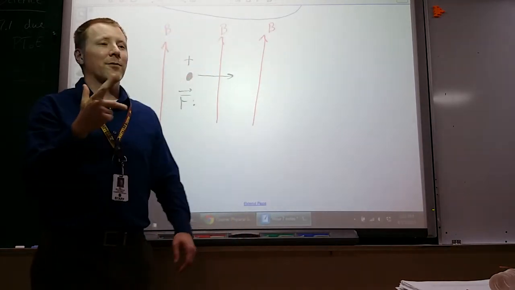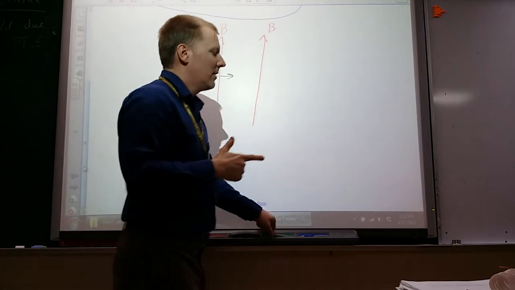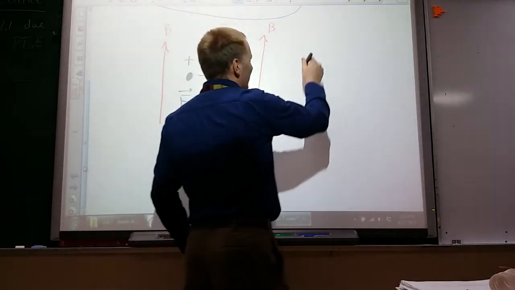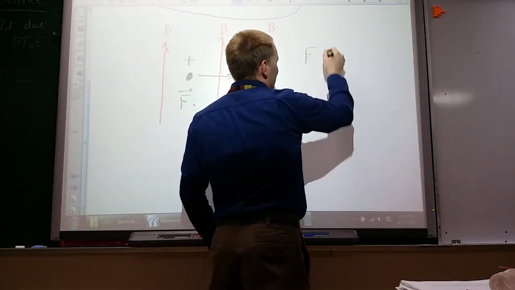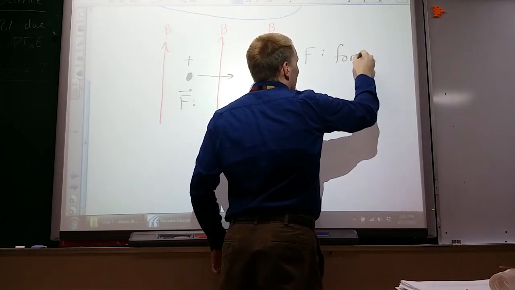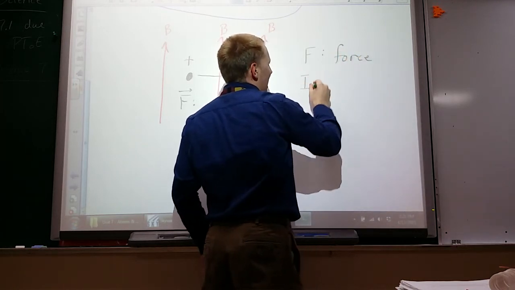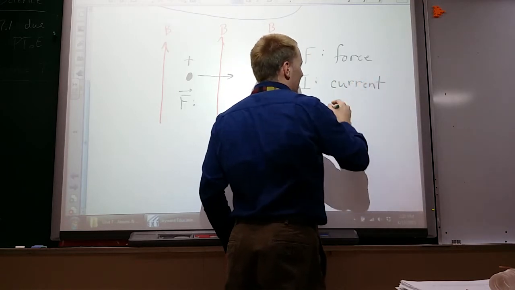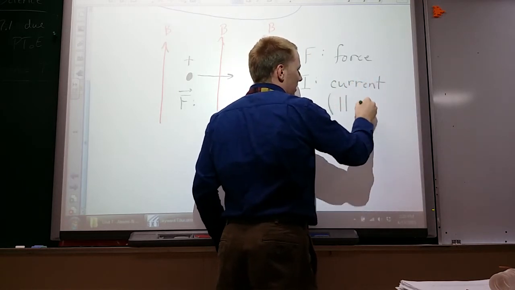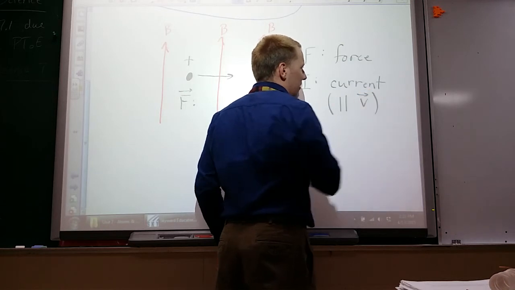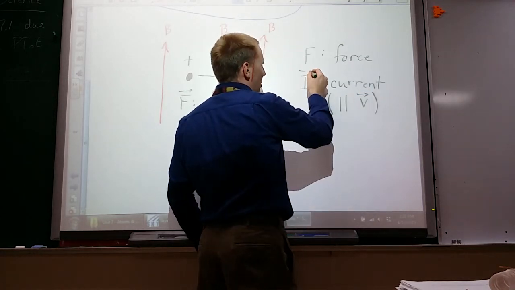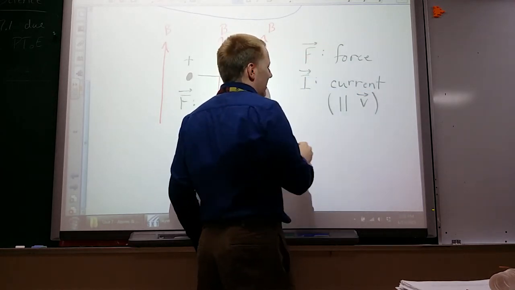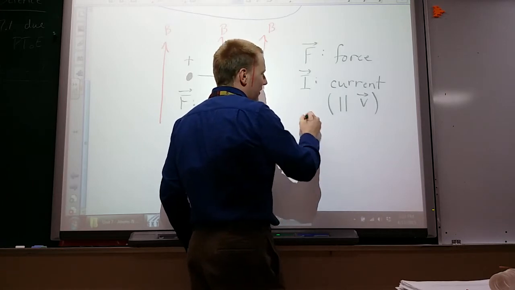We've got three different things that we're looking at for these three fingers. One of them is F, force. One of them is I, current, which is the same direction as velocity. So these are both technically vectors. And then we've got a third one, magnetic field.